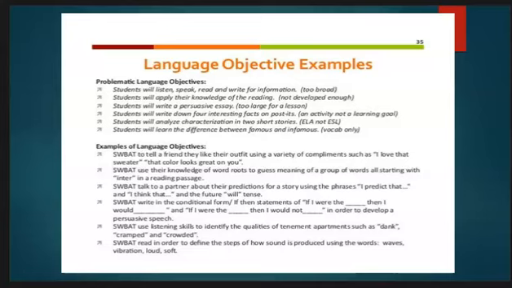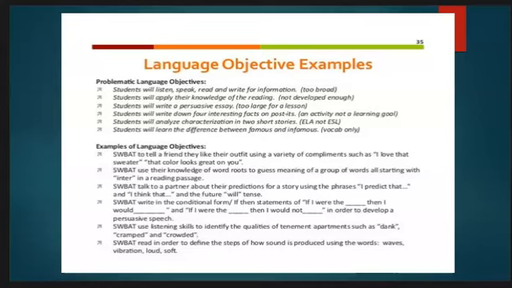Some better ones: students will be able to, so if you haven't seen that before, SWBAT, students will be able to tell a friend they like their outfit using a variety of compliments, such as, I love that sweater, or that color looks great on you. So that's excellent. That's a very clear, specific language function learning objective. Students will be able to use their knowledge of word roots to guess meaning of a group of words, all starting with inter in a reading passage.